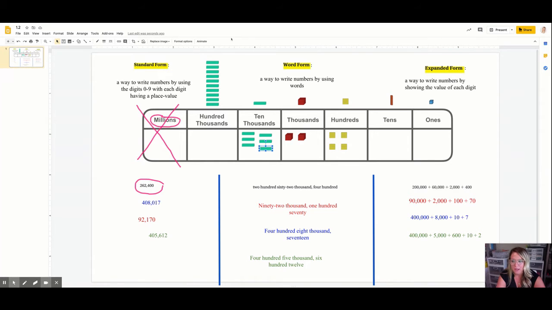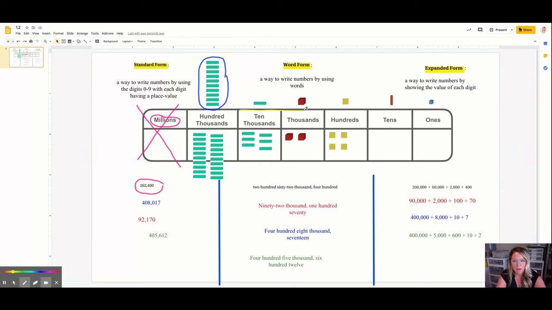Now, if this right here shows that there is 100,000 in this group, I need 2 of those groups. So I'm going to take one of those groups and another of those groups. Okay, great. I've now showcased right here, we'll put it in yellow, my first number.